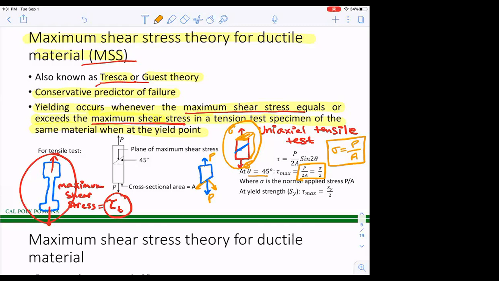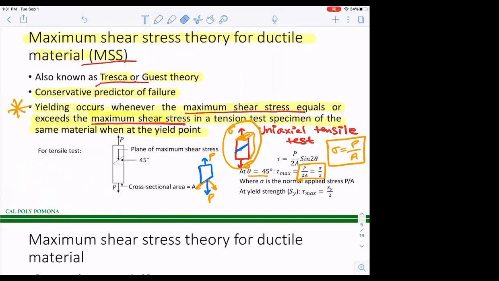Now remember this theory we were talking about? This theory said, during the tensile test, when you reach the yield point, what is your normal stress? In a tensile test, you're pulling it with incremental load, right?